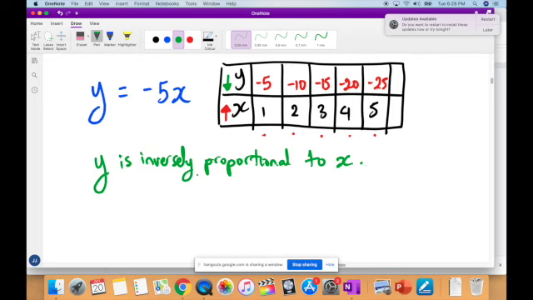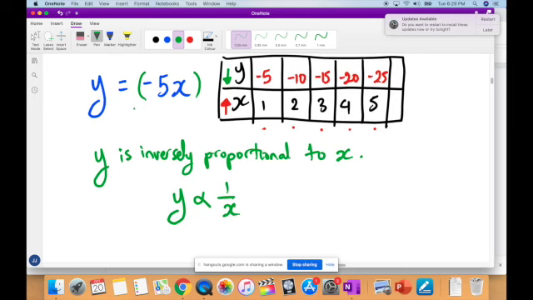So you can see here, and you could also write it as Y is inversely proportional to X like this. Even though it doesn't have a fraction in it, it's still inversely proportional. Right? So everybody understands this?